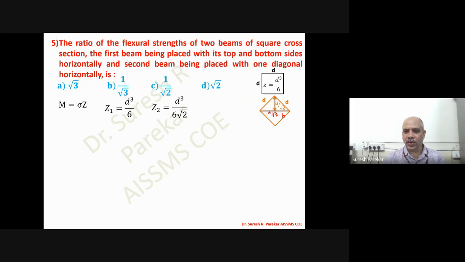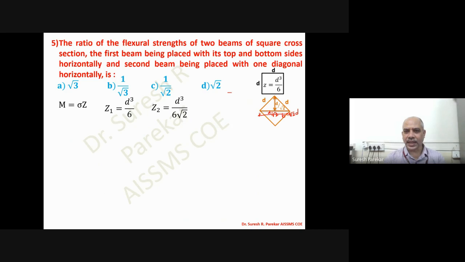So if we call the width B, we are going to get that value as 2 upon root 2, so B is root 2 D. So B we have from this to this, so a triangle we are going to consider over here. And for this triangle we have B D cube by 12.